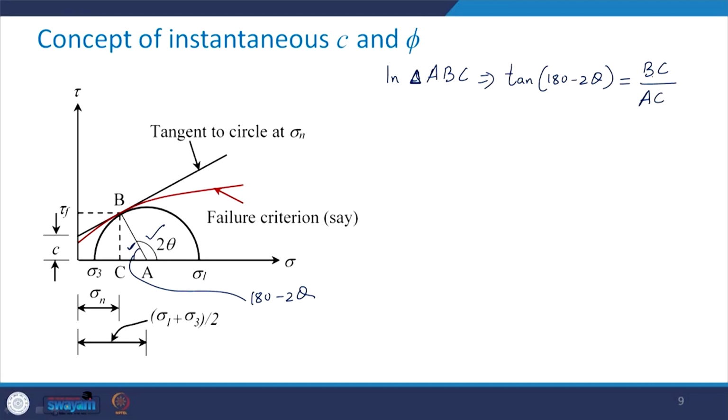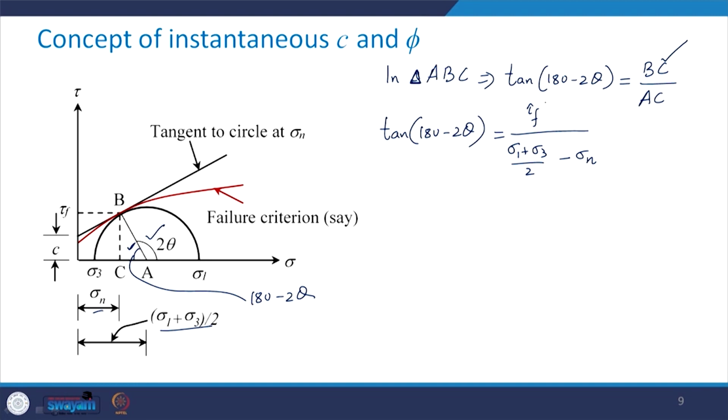So this BC is what? Tau f, which is this BC, and AC is what? Is this distance minus sigma n. So this is what I am going to write here, minus sigma n.